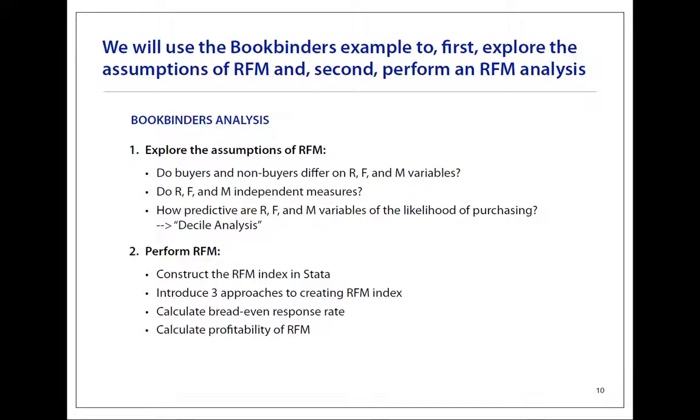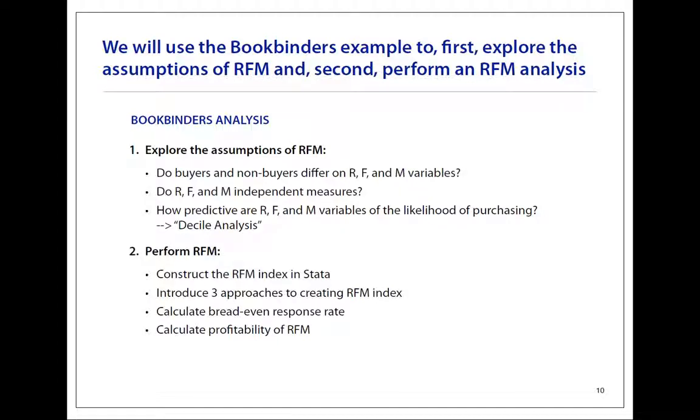Because if the buyers and the non-buyers are otherwise all identical on these 3 variables, RFM pretty much has no predictive power for us, right? And so basically they cannot tell us which are more likely to be buyers, which are more likely to be non-buyers.